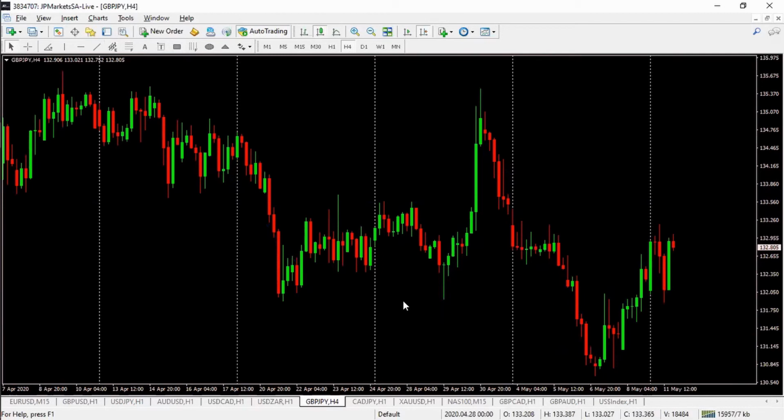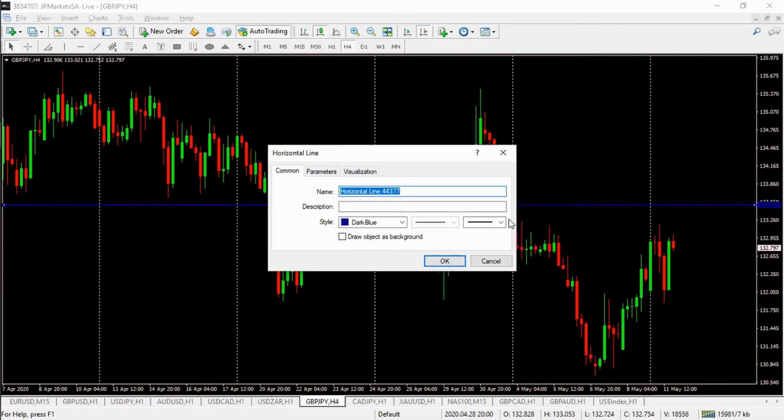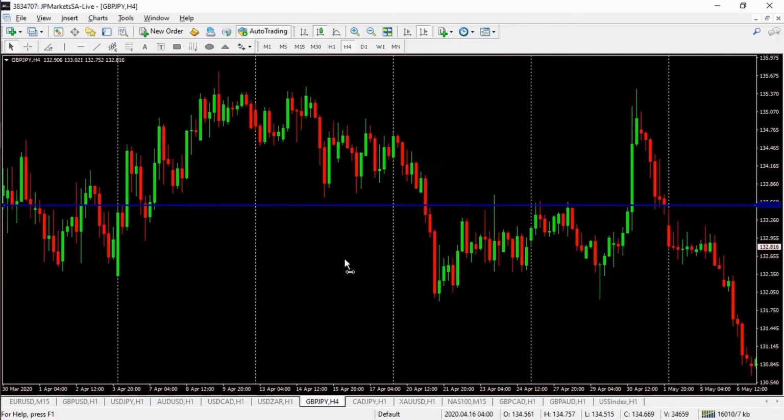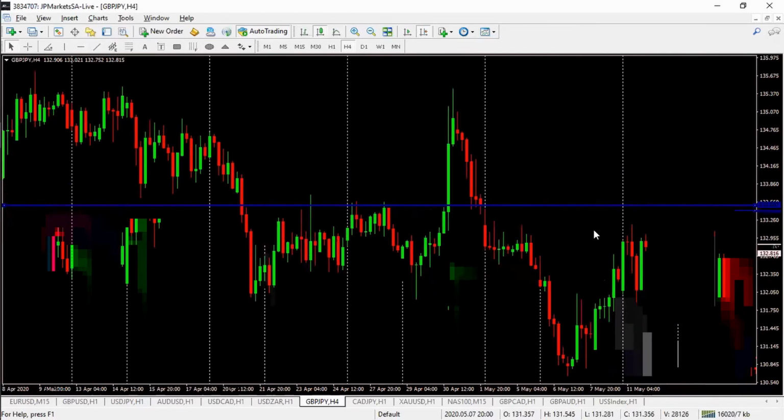So this level here, let me just make it thicker for everybody to see it. This level here is a level that can cause some reaction on the market.